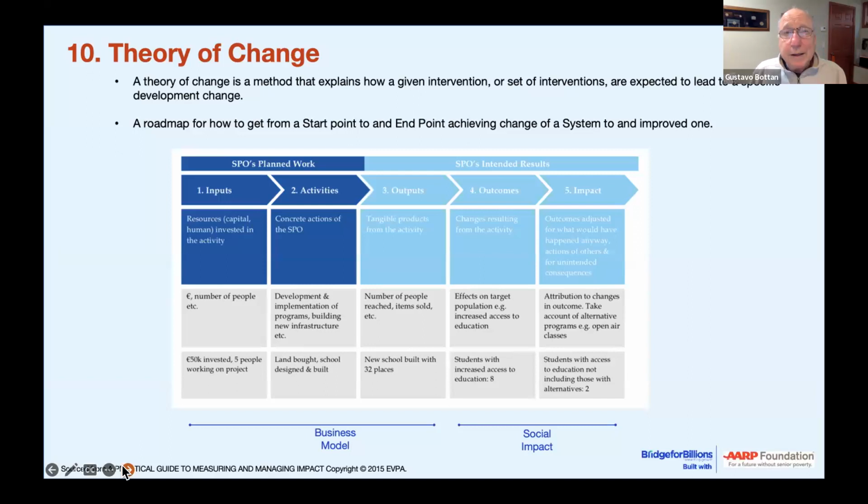So it basically is the things that go into creating change. And it goes from, obviously, the goal, which is the impact. That's the final thing: has that system changed?